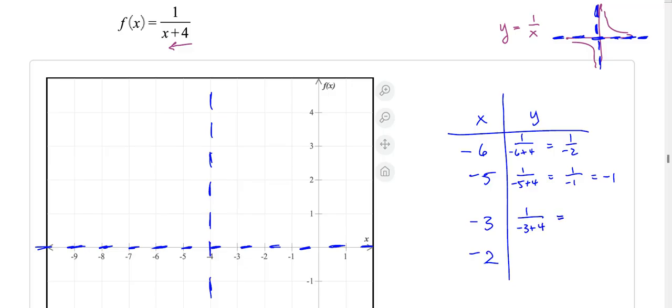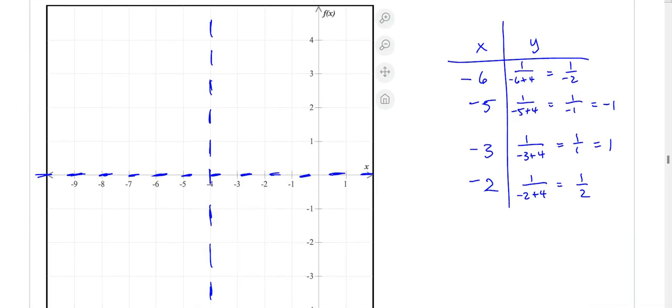And 1 over -2 plus 4 is 1/2. So here are my points that it would graph. -6, -1/2, -5, -1, -3, 1, and -2, 1/2. So it should draw that graph for you.